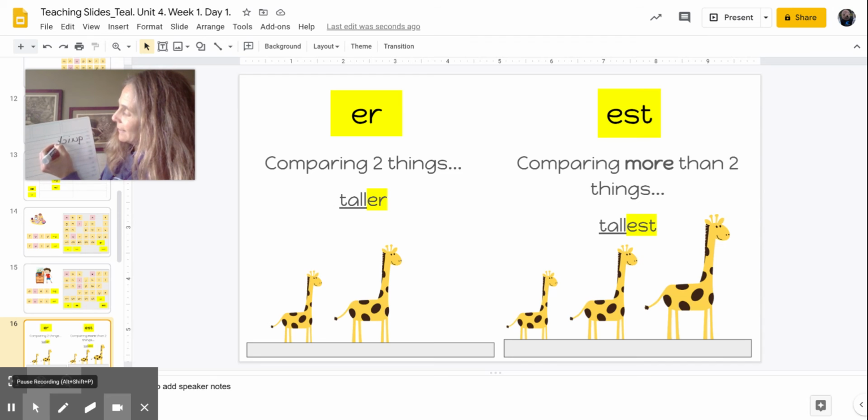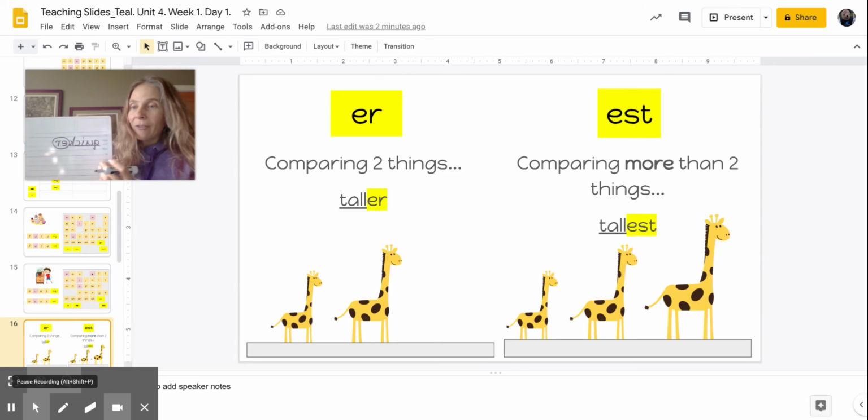And I've got my CK digraph at the end because I have a short vowel sound and then the k sound. So quick is my base word and -er is my suffix. So now I'm going to underline my base word and circle my suffix. And I've got quicker. I hope yours looks just like mine.